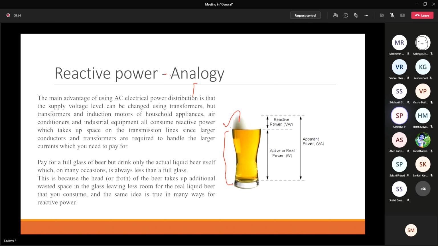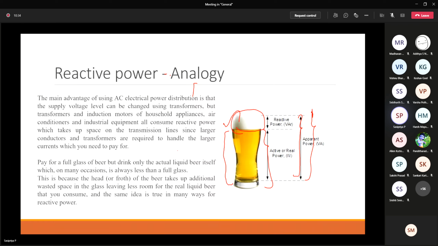Here we can relate that we pay the electricity bill for the total power with respect to our load, let it be industrial or household appliances. We pay for the total power, which includes both the reactive power and real power. So if you see this tumbler, only this much fluid I am consuming, but I am paying for this whole glass. This is nothing but reactive power, which is a waste.